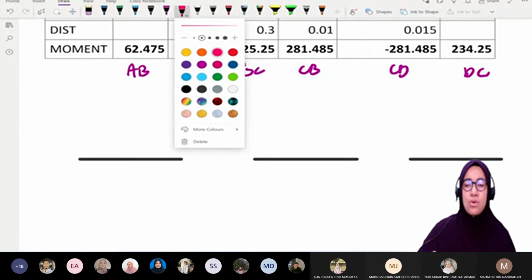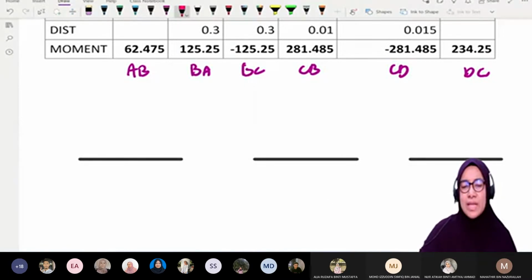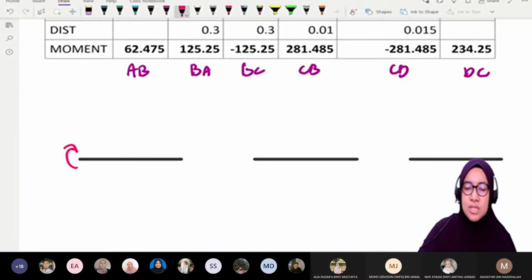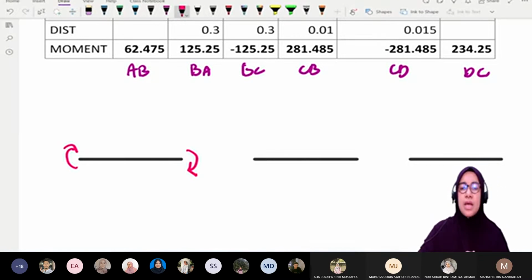Okay, AB positive or negative? AB. Positive kan? Positive mean clockwise. Ingat sign convention kita positive is clockwise. So kita draw positive. Okay, BA is positive. Positive is clockwise. So this is positive. And then BC is negative. Negative is opposite.